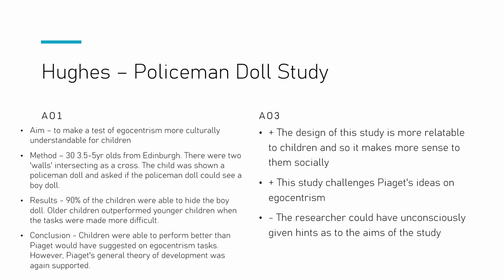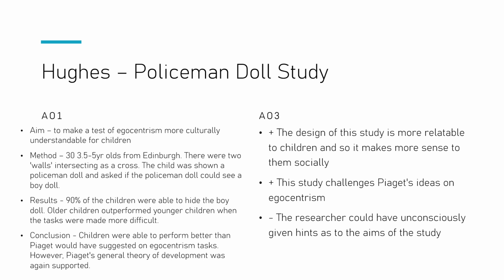In terms of this study, Hughes' study, how do we evaluate that? Again, you'd need to elaborate on all of these points, but to try to help you remember. The strength here is that the design of the study is more relatable to the children. It makes more sense to them socially, and so might be a better test of whether they are actually egocentric or not. And it's a good thing that this challenges Piaget's ideas because it's research.